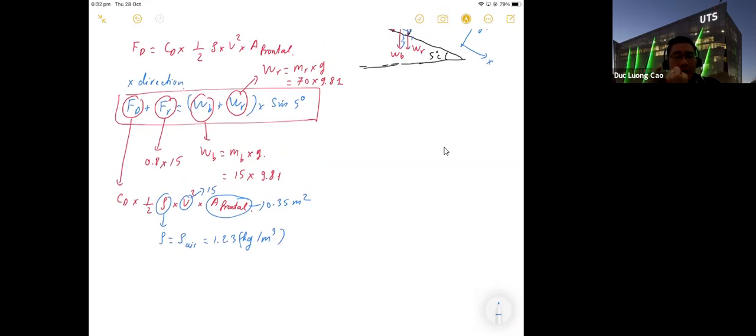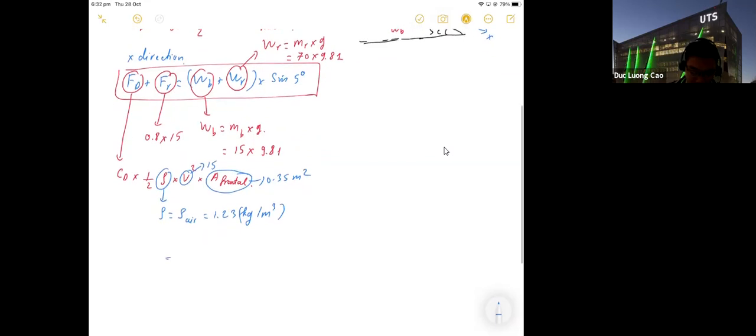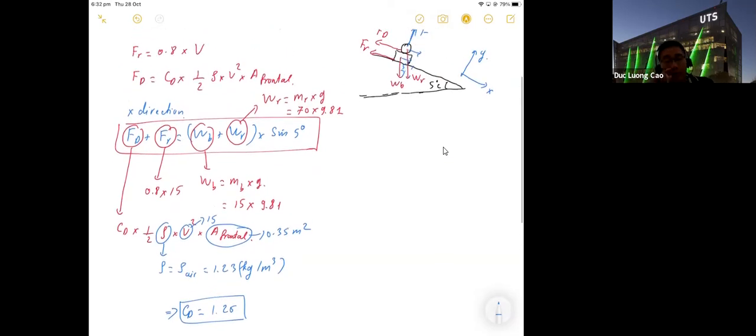In the FD equation, you have the density, the velocity, and the frontal area, so you can find CD. CD here is around 1.25. This question is the first question about external flow, so I helped you. But for the second one, I will give you time to do it yourself.